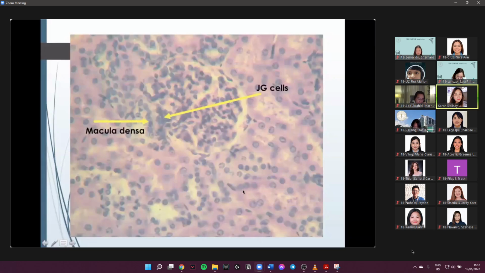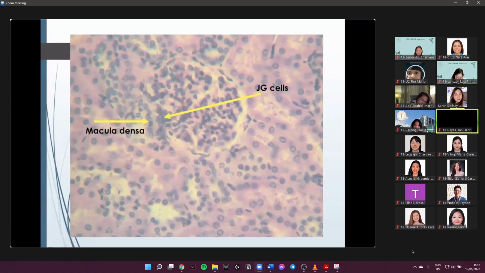Sorry po. Now, another thing that you will have to see on close examination of the corpuscle is this area. This is what we call the juxtaglomerular apparatus, which is mainly made up of 2 types of cells.